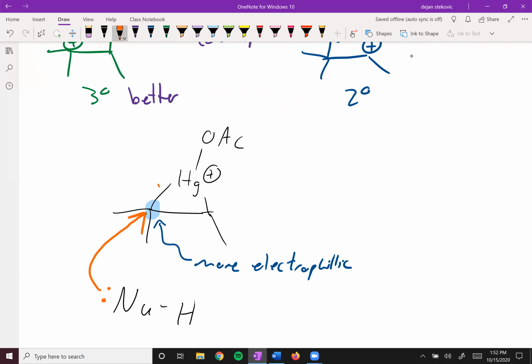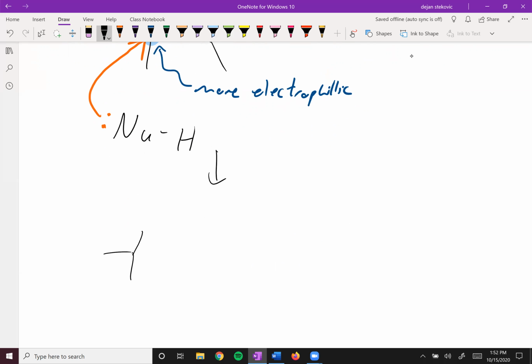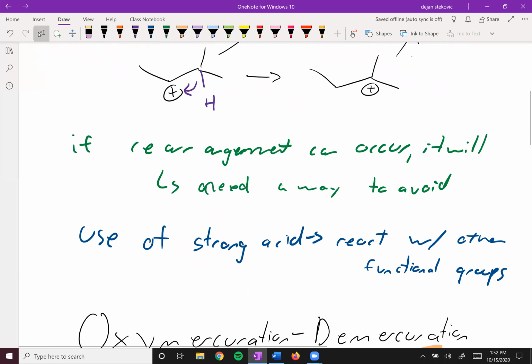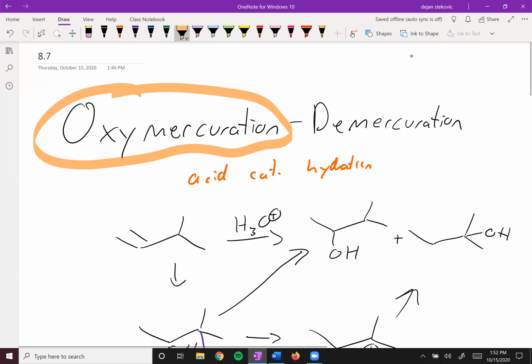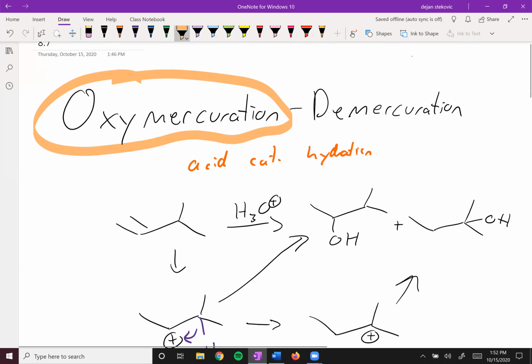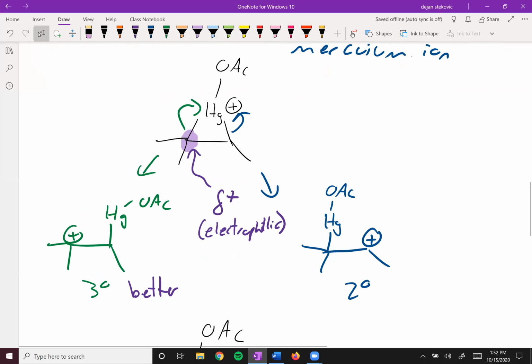And then when it attacks this carbon, we'll kick off this bond onto this mercury to form this intermediate. Right, and then so that's our oxymercuration step, right? We've added a mercury to this, and our oxy stands for usually we're adding water across this bond.